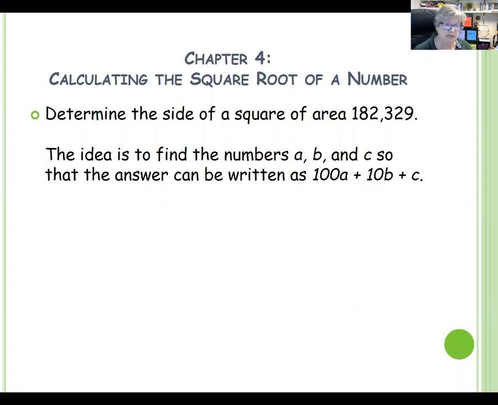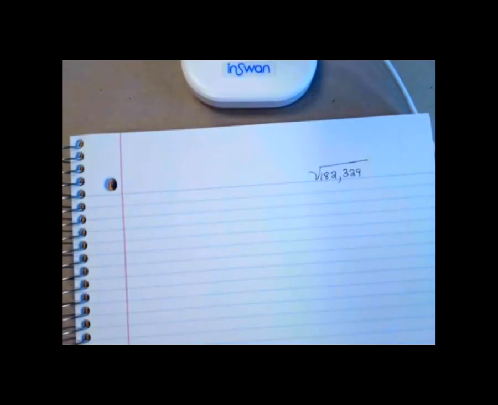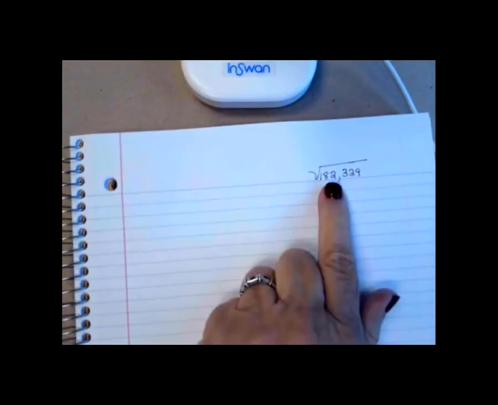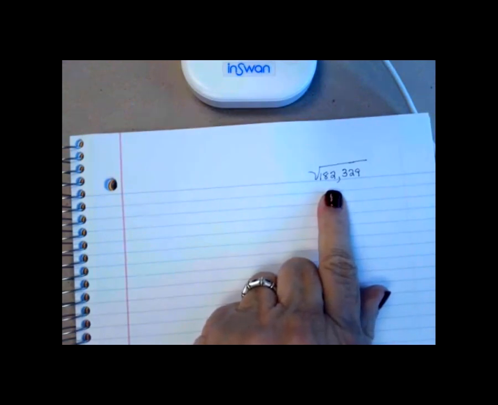All right, let me show you how they would do this. It's a cool method. It's just going to take us a little while to do it. It certainly isn't as quick as if we could just grab our calculator and punch a couple of buttons. All right, now, remember the problem said determine the side of a square of an area 182,329.